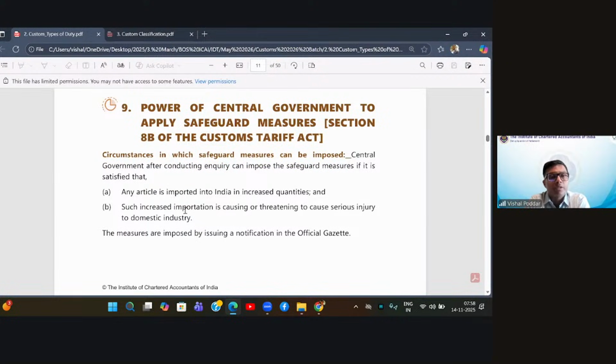These are revenue duties, but besides these, wherever the government feels that we need to provide protection to our domestic markets or to our domestic industries, the government can resort to protective duties. The power to impose these duties is covered here. Now, what does Section 8B say?